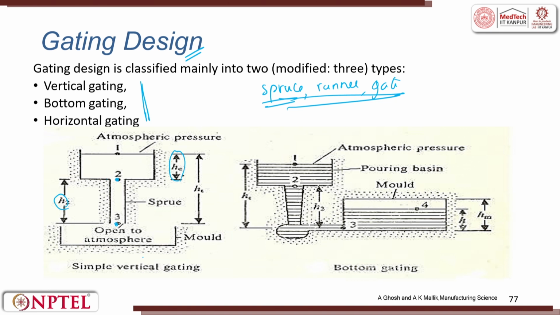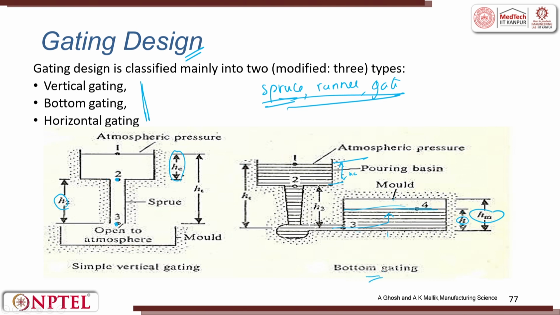When we talk about a closed mold, this is called HG, which is H2, and this is HC, right, and then this is the mold height, and when the liquid is flowing, the top level of the molten metal, this height, is called H. Okay, this is for a bottom gating.